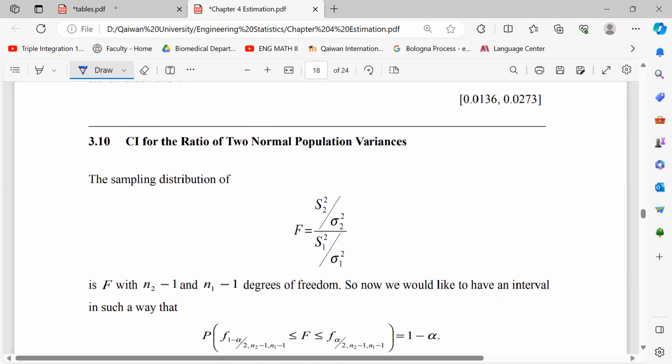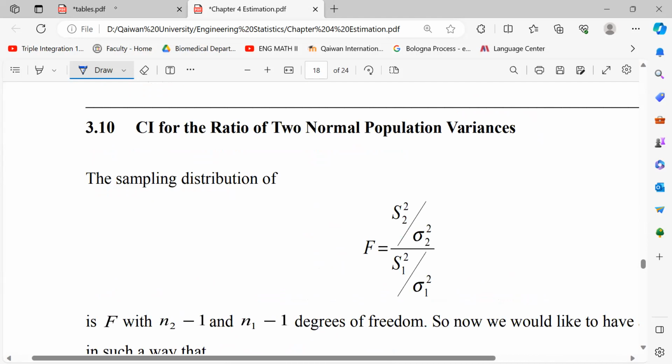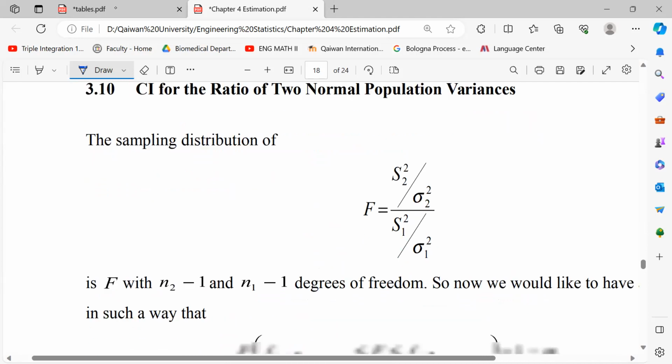We now have the last topic, which is the confidence interval for the ratio of two normal population variances. In the previous ones, we said difference of two means, difference of two proportions, but here for variance, we say ratio of two variances. Okay? We say ratio of two variances means variance 1 divided by variance 2.